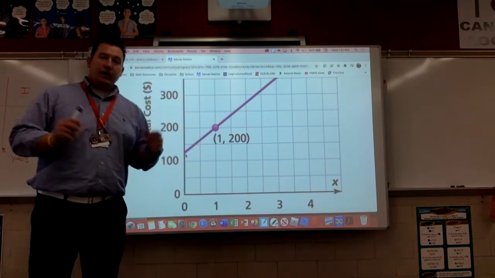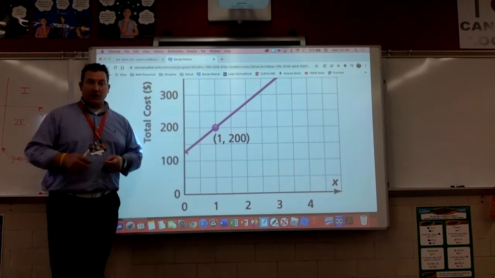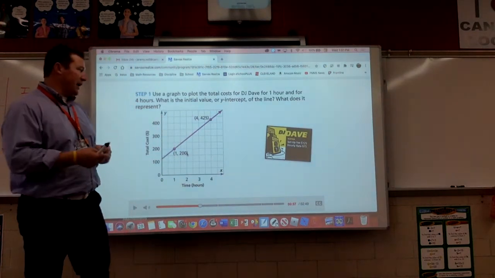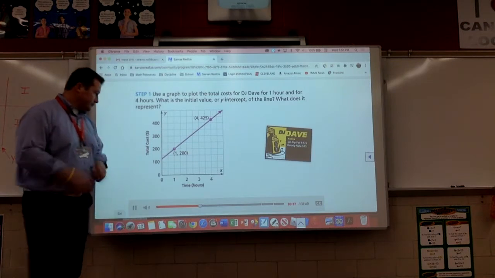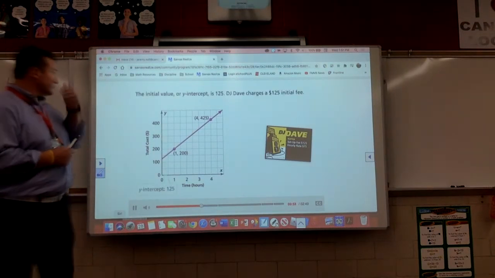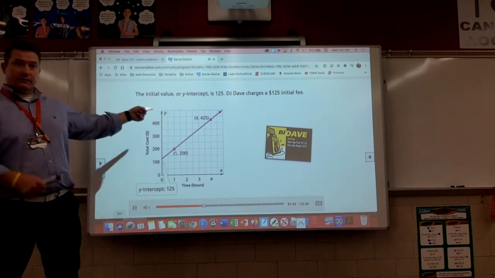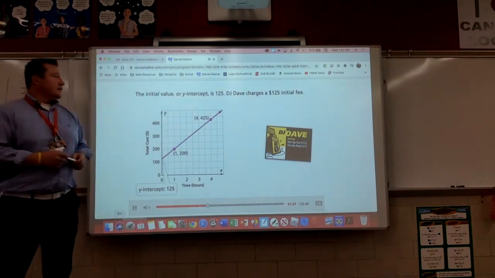I love it. Okay, so 125 is that initial fee or starting quantity for DJ Dave. That's how much we have to pay him just for him to show up to this awesome dance. The initial value, or y-intercept, is 125. DJ Dave charges a $125 initial fee.